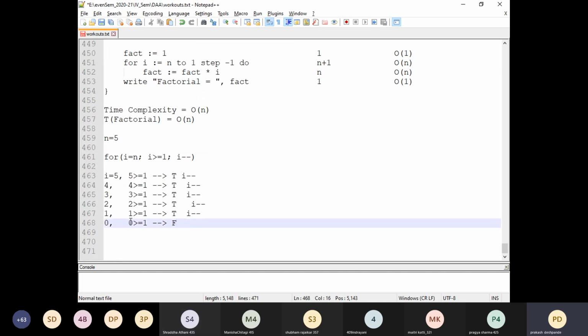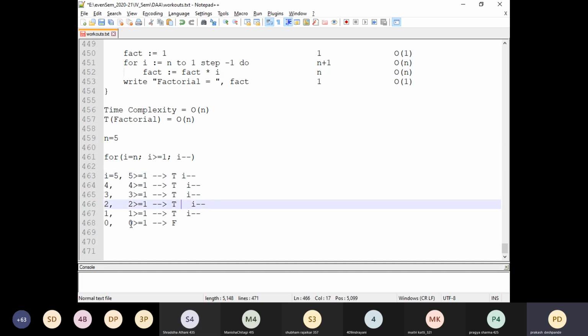Now, has this particular condition executed here also? When the condition became false, this particular statement gets executed. If you look into here, how many times has this condition resulted in a true value? 1, 2, 3, 4, 5 times. Is it equal to n value? Yes, sir. Right?